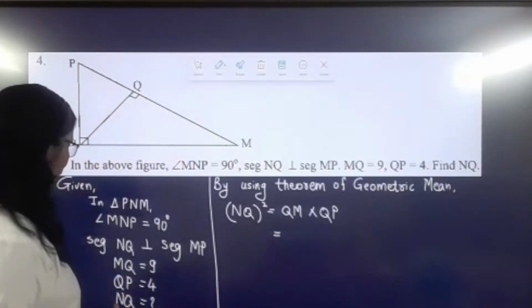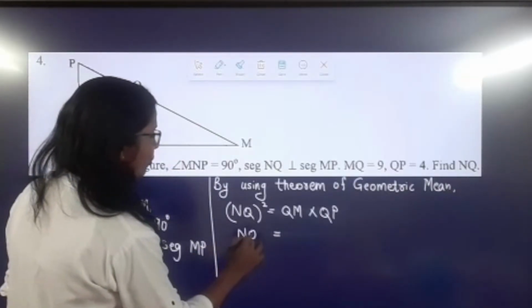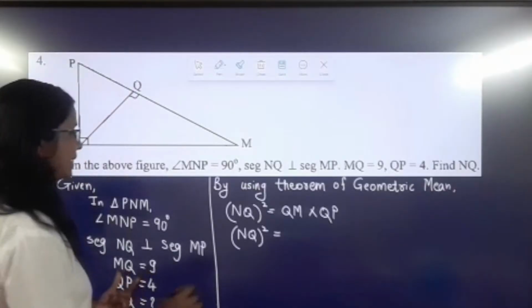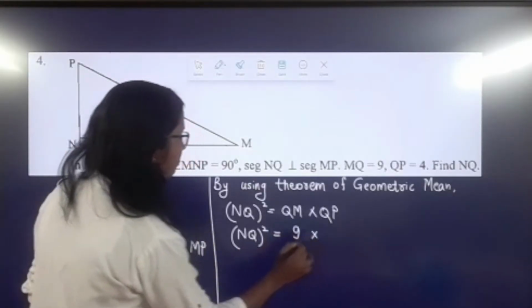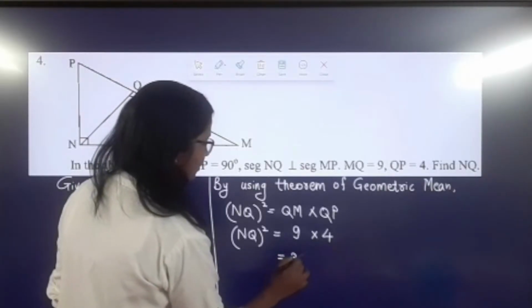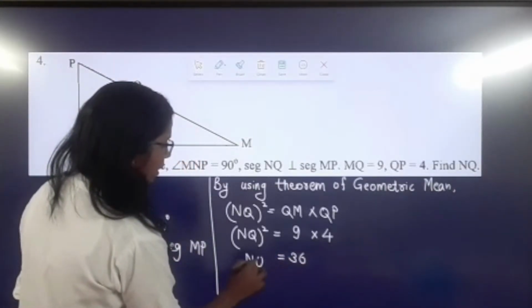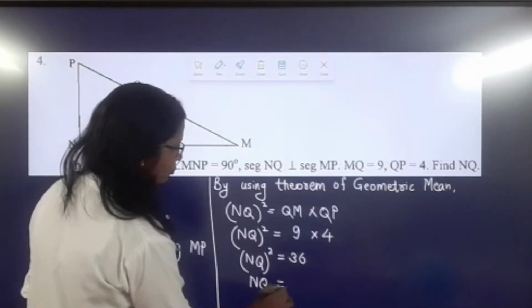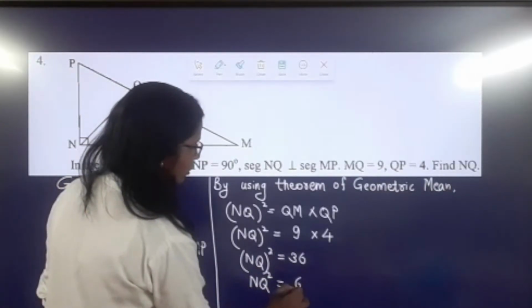So here NQ we have to find, so write as it is, square of NQ, QM that is 9, multiply QP and that is 4. So 9 fours are 36. So NQ square is equal to 36, that is NQ square is equal to 6 square.